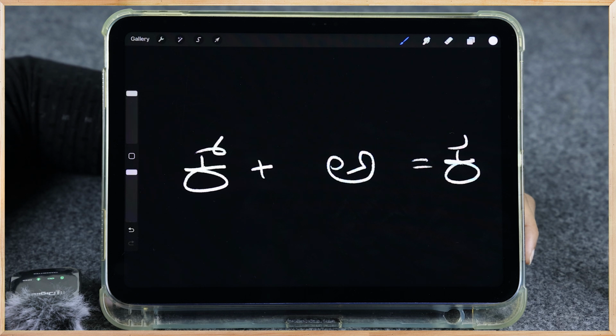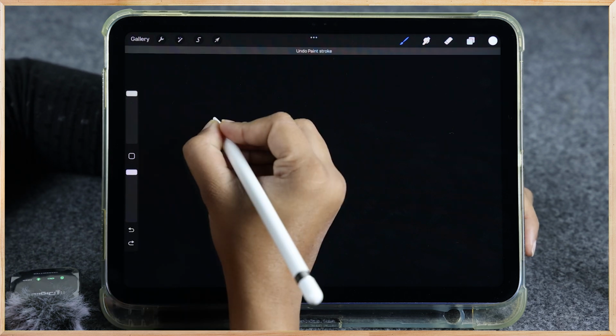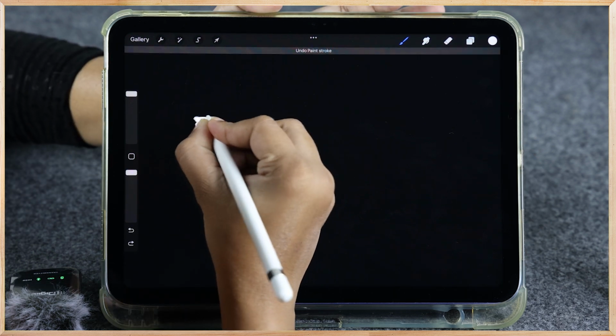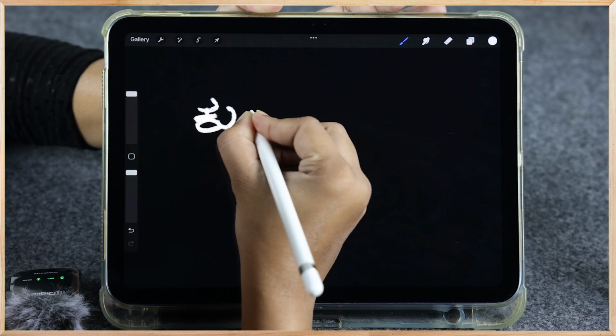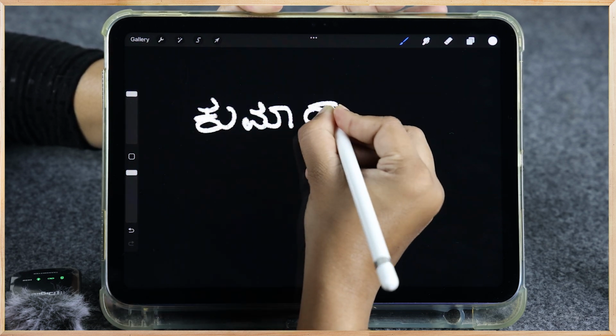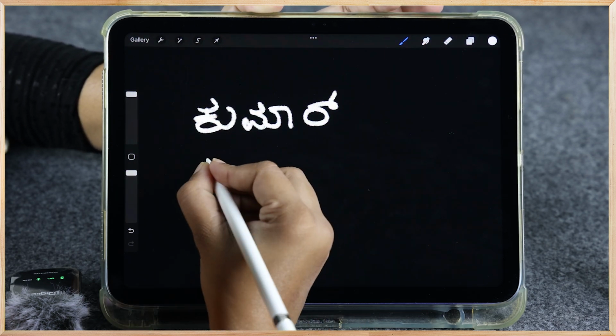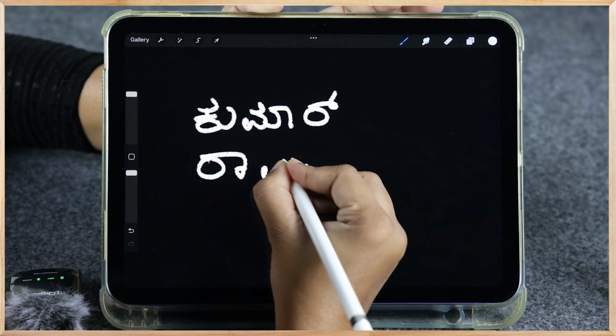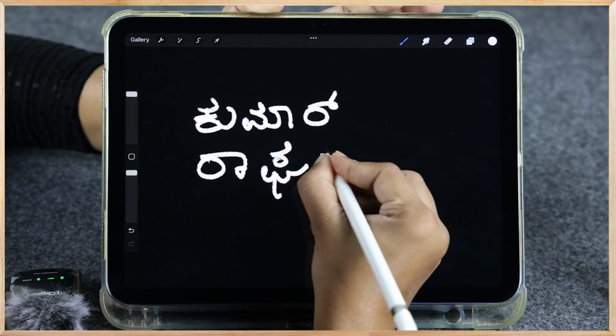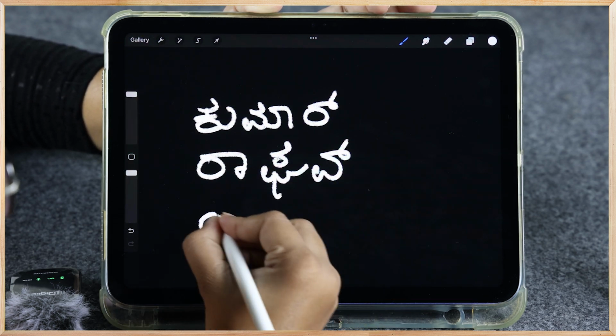They do occur at the end of words, especially with proper names such as Kumar, Raghav, or Raj.